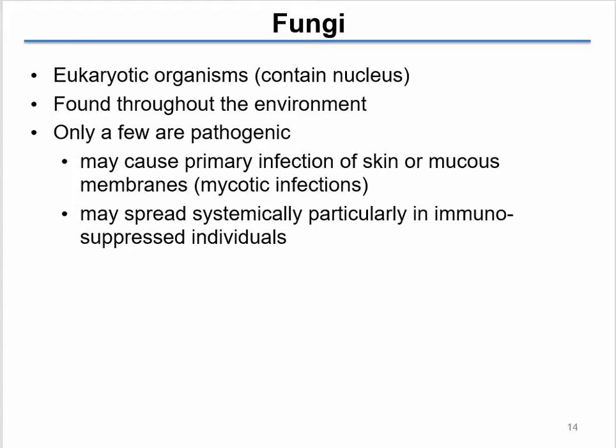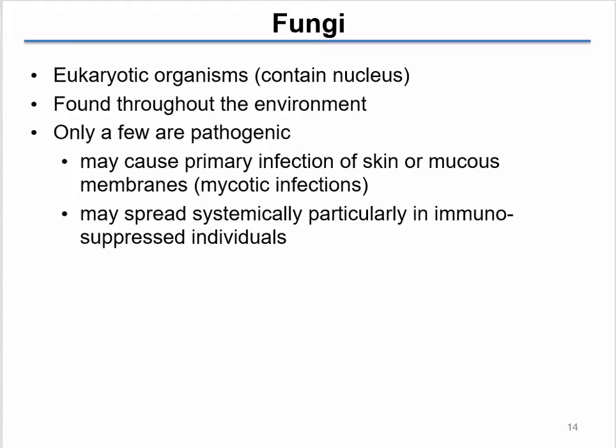It's a problem with people that are undergoing cancer treatments, chemotherapy. Fungi take advantage of that. For the most part, in healthy people, fungi aren't a huge problem, but it's still entirely possible.